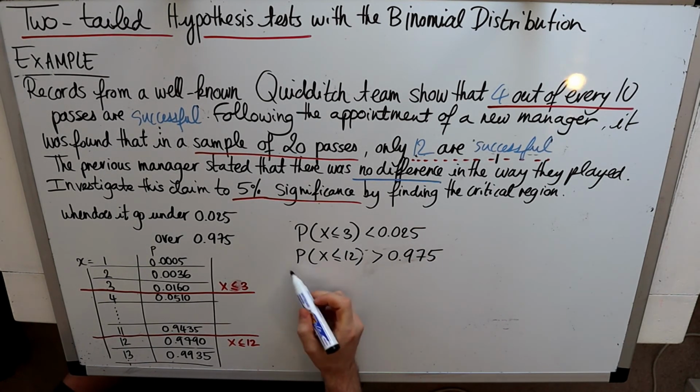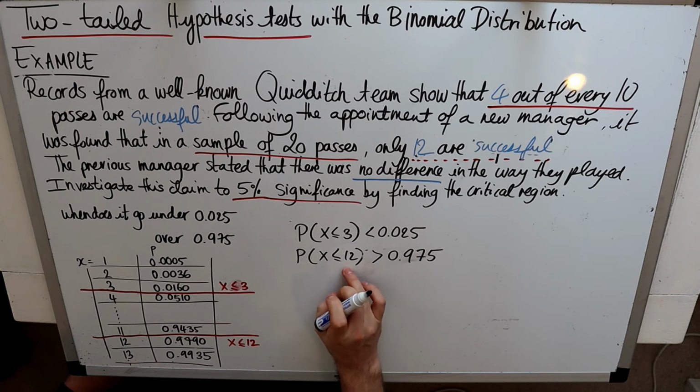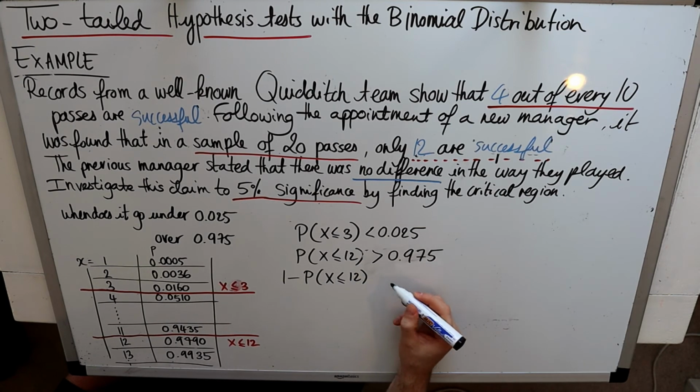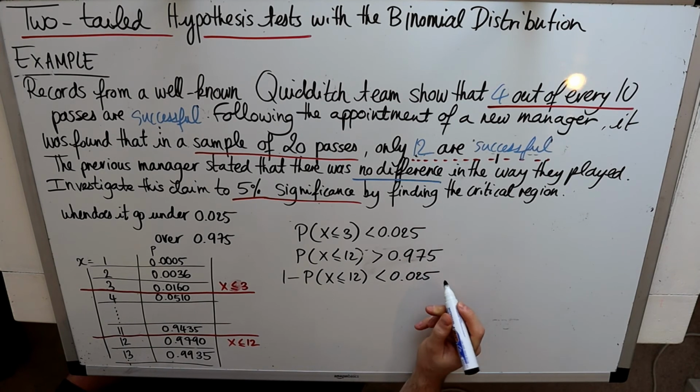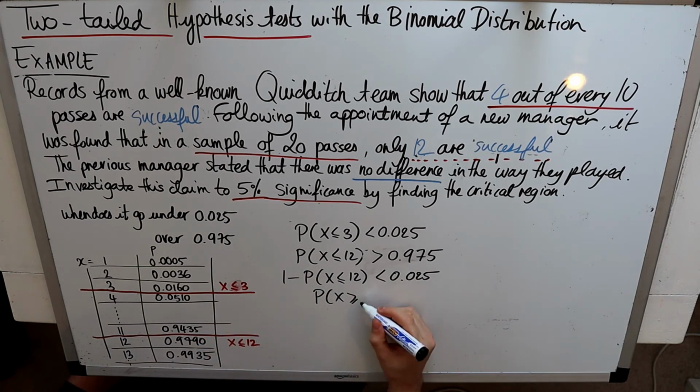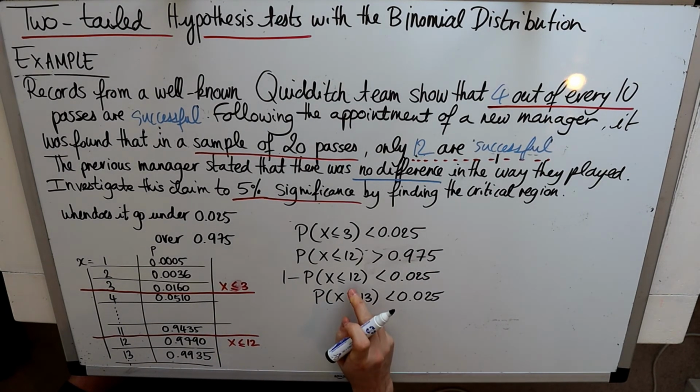So I need to again engineer this. I want to figure out from what value can I go up, and it's going to be 13 logically if 12 is inclusive. So 1 minus P of x less than or equal to 12 is going to be less than 0.025, which means that P of x greater than or equal to everything above, but because I've included 12 in the less than, it's going to have to start from 13, because these are whole numbers.